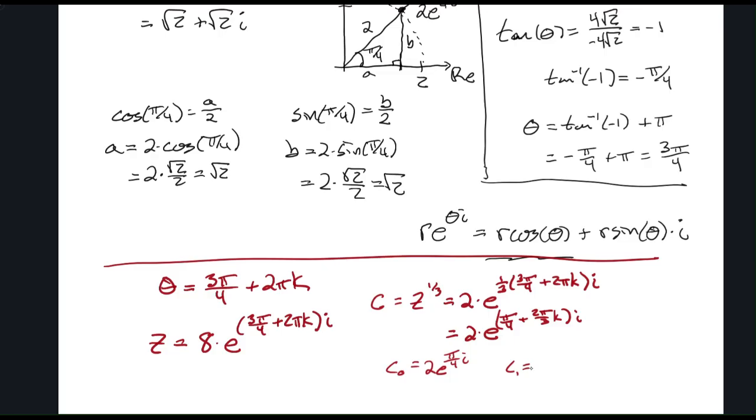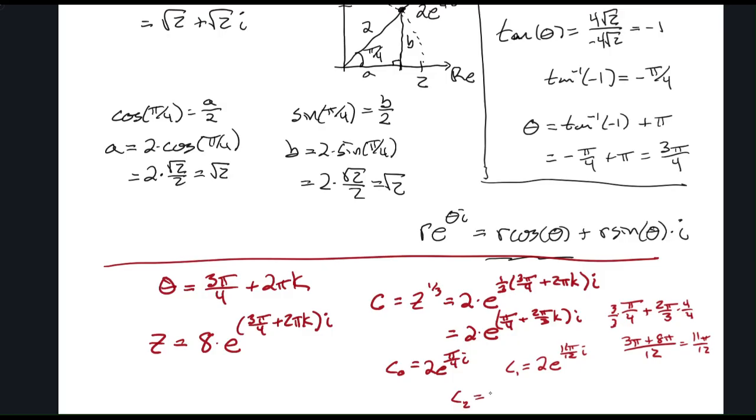C1, our next cube root, is 2e to the, if k is 1 and we add these together, pi over 4 plus 2 pi over 3, if we get a common denominator, then we'd have 3 pi plus 8 pi all over 12. This is 11 pi over 12. So we'd have 11 pi over 12 times i.